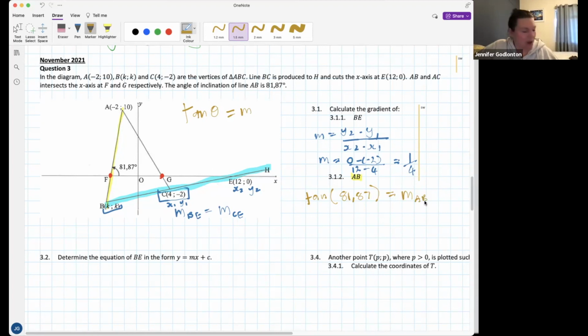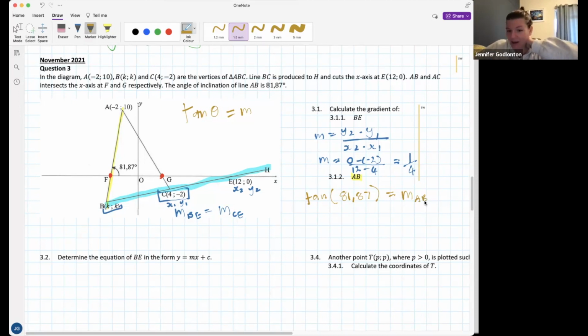Pop it into your calculators. Don't fall for the trick here. There's a little trap that lots of people fall into, where they think that they must still use shift, but we don't need to use shift because that angle is right next to tan. So we can put it into our calculator exactly like that.